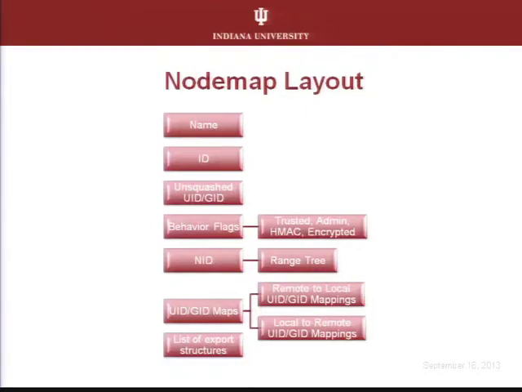Then behavior flags, trusted administration, and red-black trees of the ranges that comprise the node map, as well as a set of trees that do the forward and reverse mapping, and also a list of the export structures of the clients that have connected and that are contained within that node map.